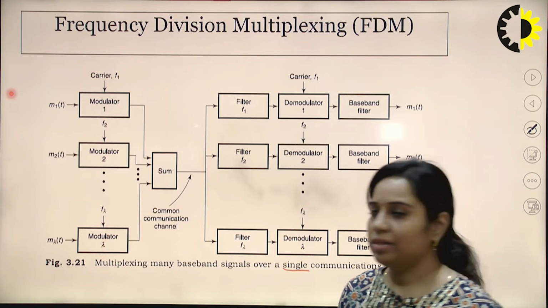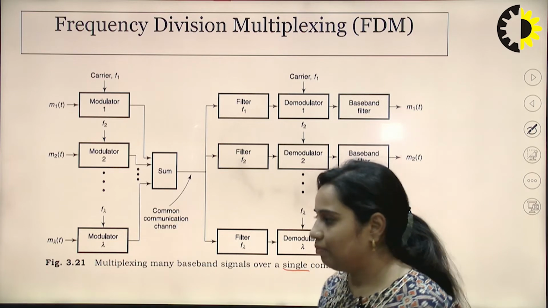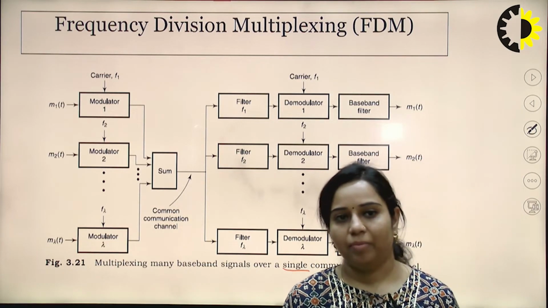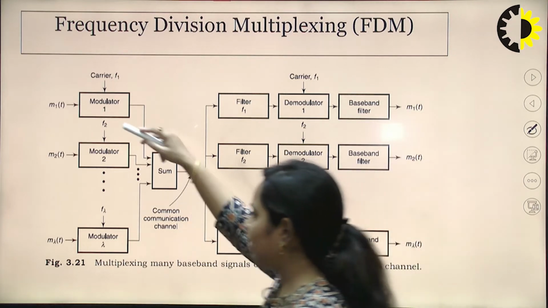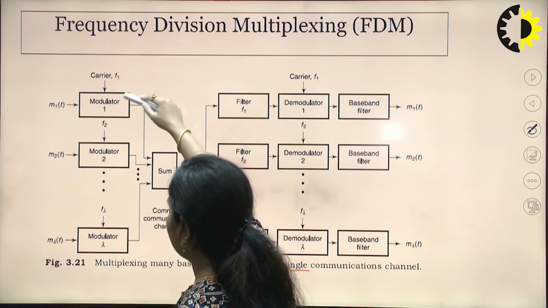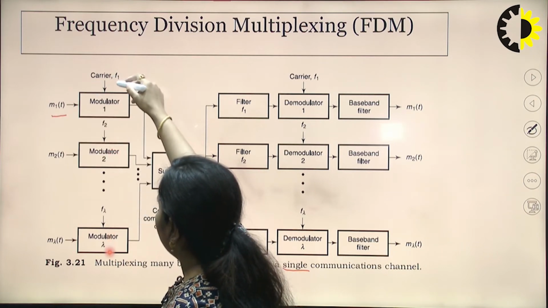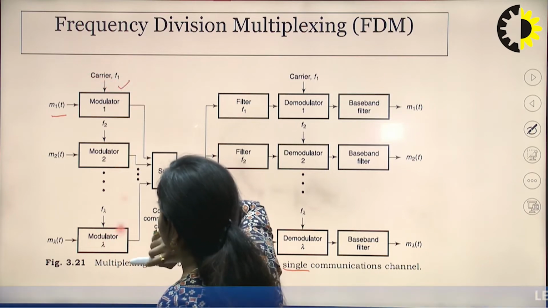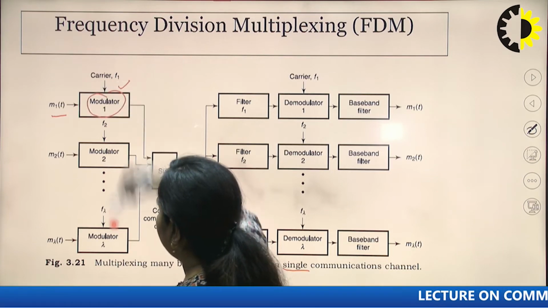So here we are seeing the frequency division method, where let's say there is a band of frequency and it has to be equally divided among n number of users. So here we can see that there are λ number of users. The first user applies the message signal m1(t) and multiplies it by a carrier frequency using modulator 1.